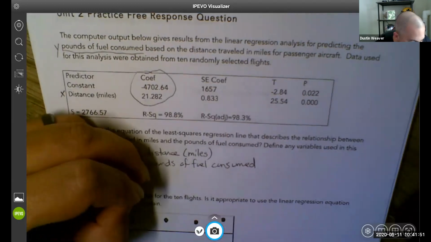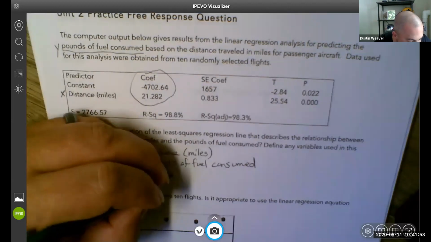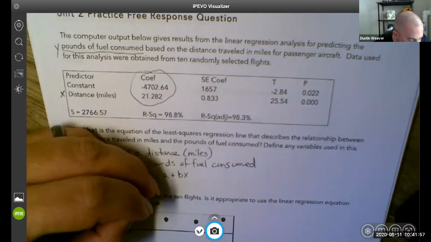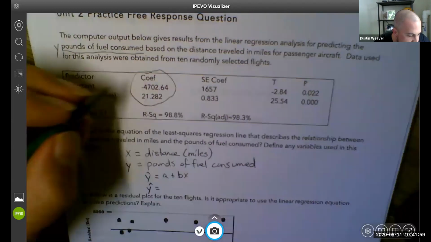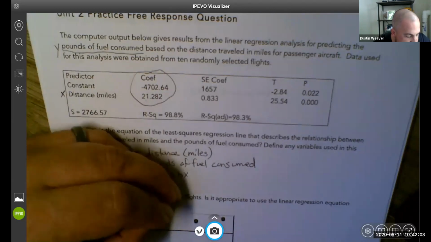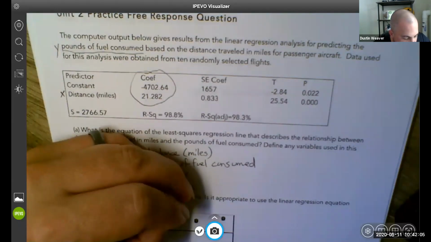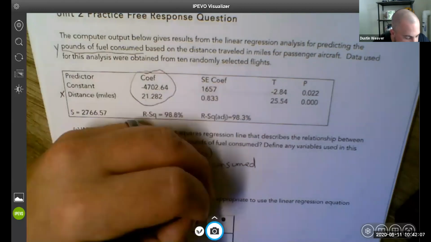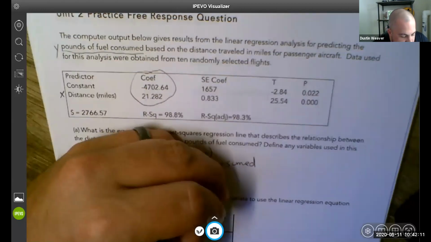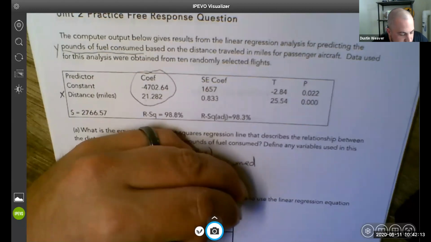So y hat equals a plus bx. So y hat equals the y-intercept, so negative 4,702.64, plus our b, which is the slope, 21.282x.